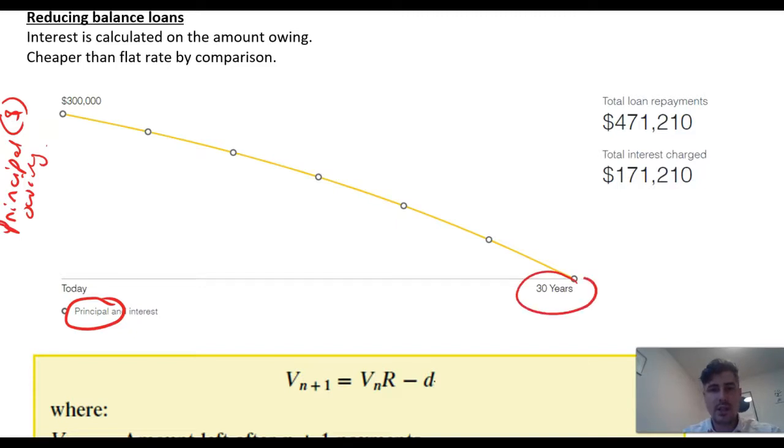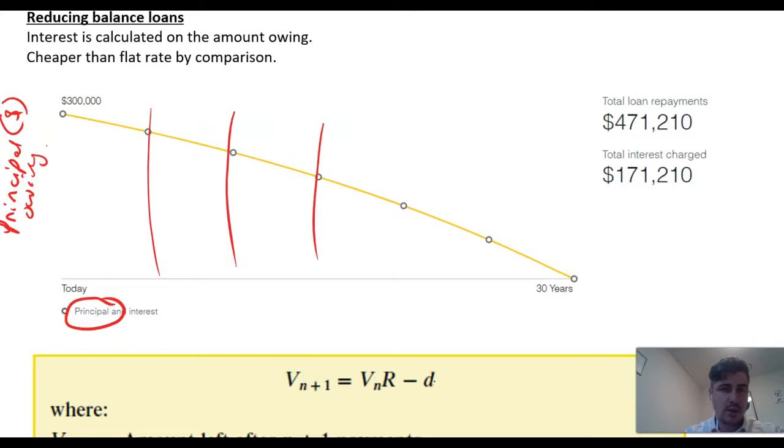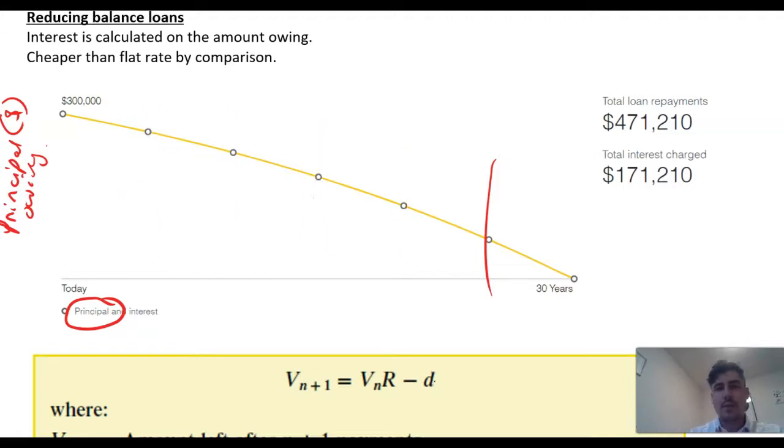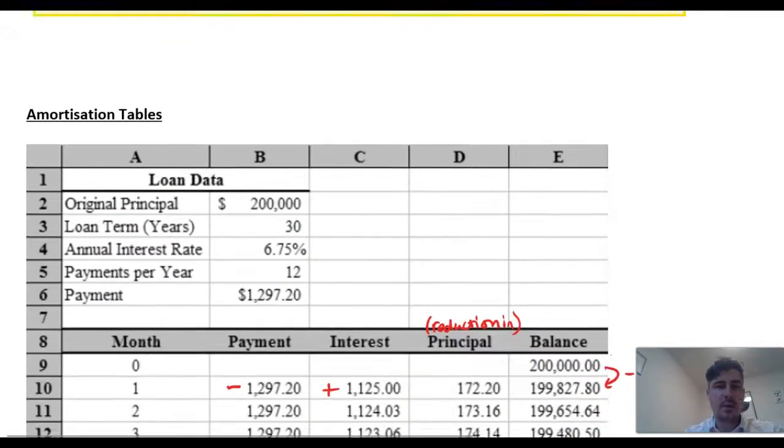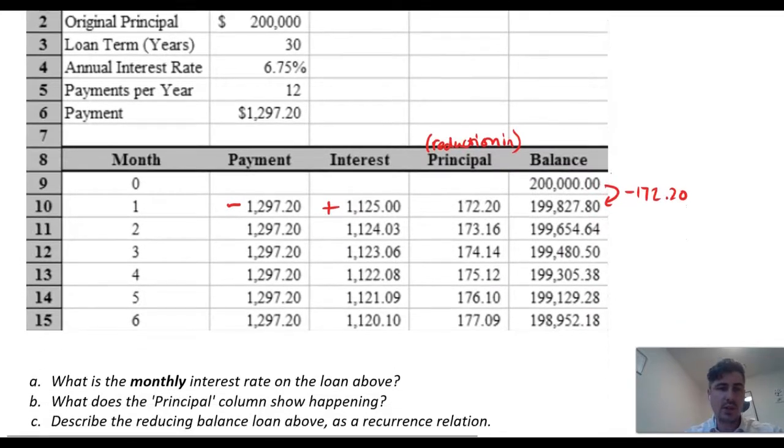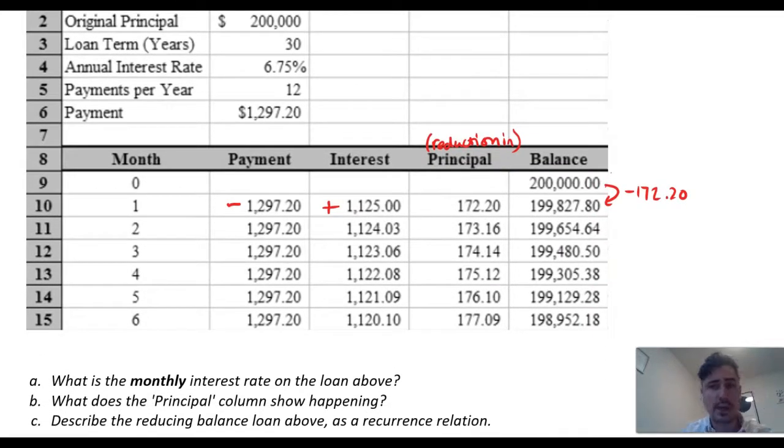So this is a 30-year loan that I've taken from the Commonwealth website, and we've got 6 sections there. So each one of these is a 5-year period. So you can see how it takes quite a while for there to be a change in the slope there. But towards the end of the loan, it will pay off a lot quicker. And you can adjust the payments as well if you have more money or something like that.